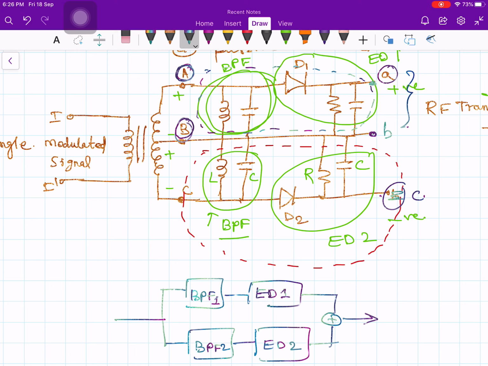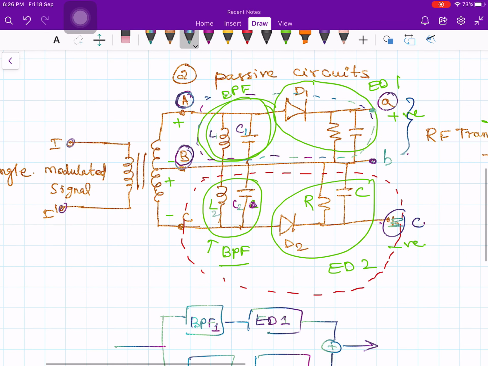So on the input side you are applying the frequency modulated signal that is coming in. Let me say this is L1, C1, L2, C2. Now let me delete these circles.